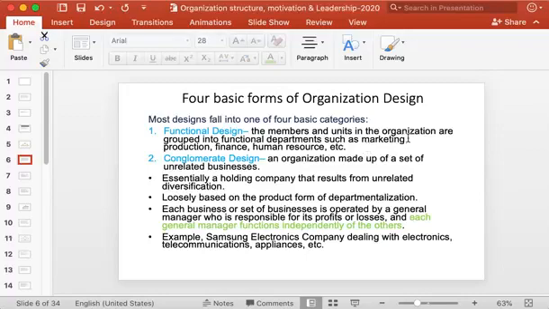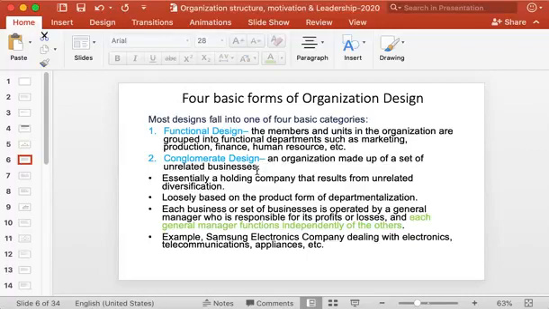Activities related to marketing are grouped under marketing. Activities that have to do with production or manufacturing or fabricating are grouped under production. All financial activities are grouped under finance department, and so on.